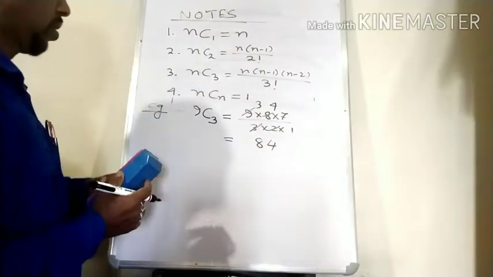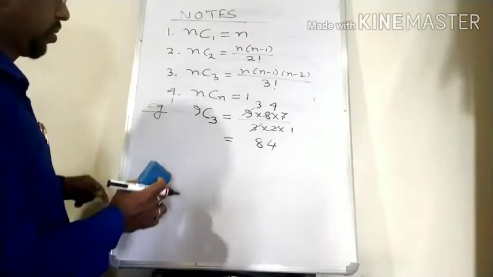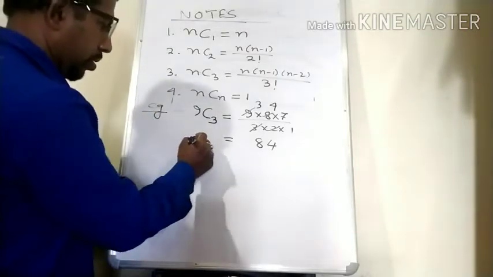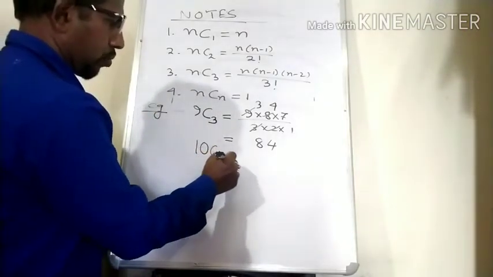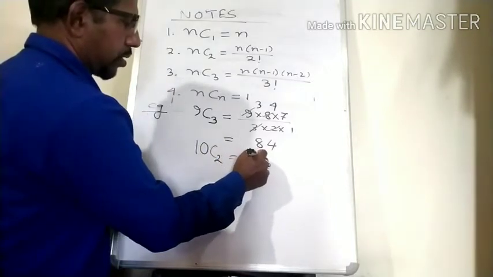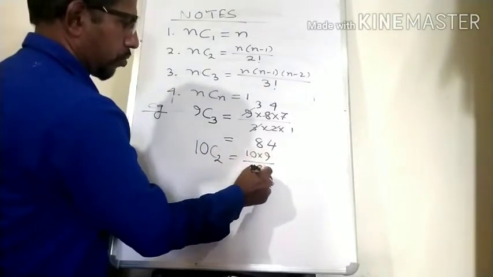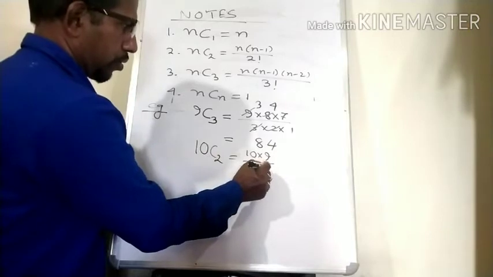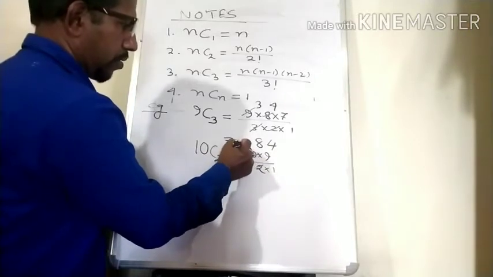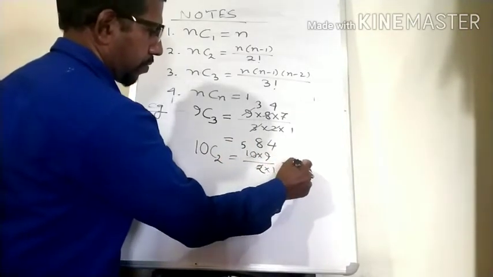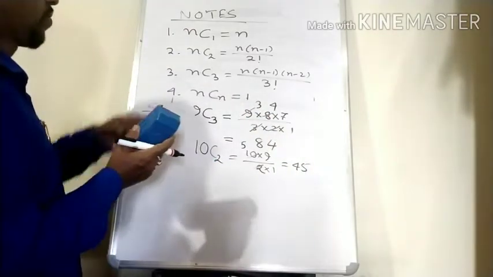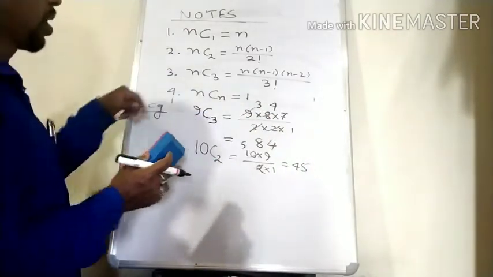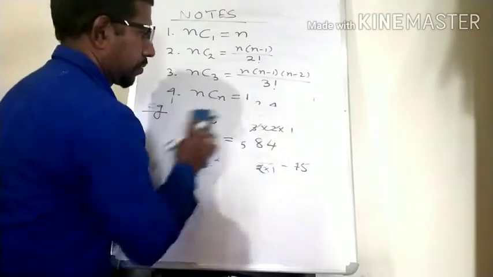This is the answer of 9C3. Similarly, we can find 10C2. 10C2 will be 10 into 9 divided by 2 into 1, factorial 2. 2 into 1 is 2, 5, 45. Like that we can find many combinations with the help of these notes.